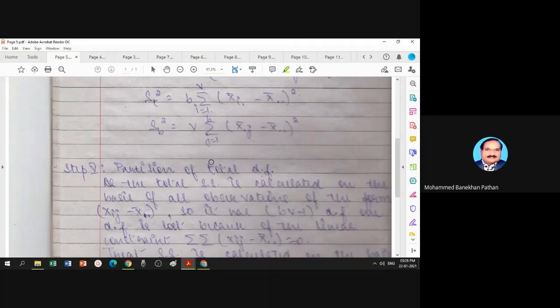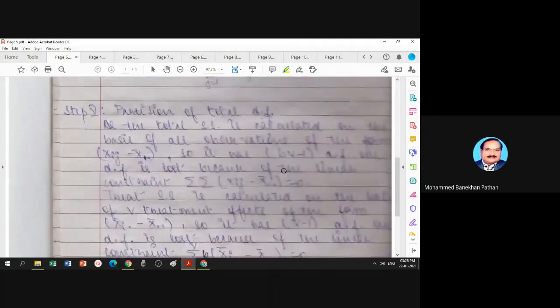And so we have the partition of total degree of freedom. The total SS is calculated on the basis of all observations, which are nothing but BV, and one constraint, that is double summation xij minus x bar double dot equal to 0. So due to this constraint, degree of freedom is BV minus 1.